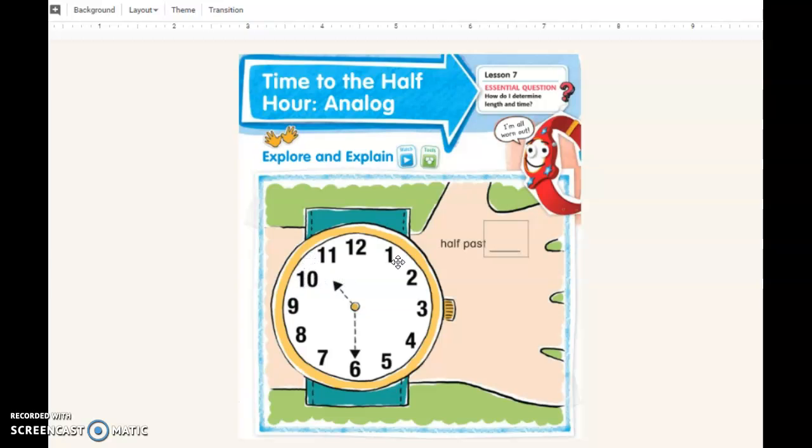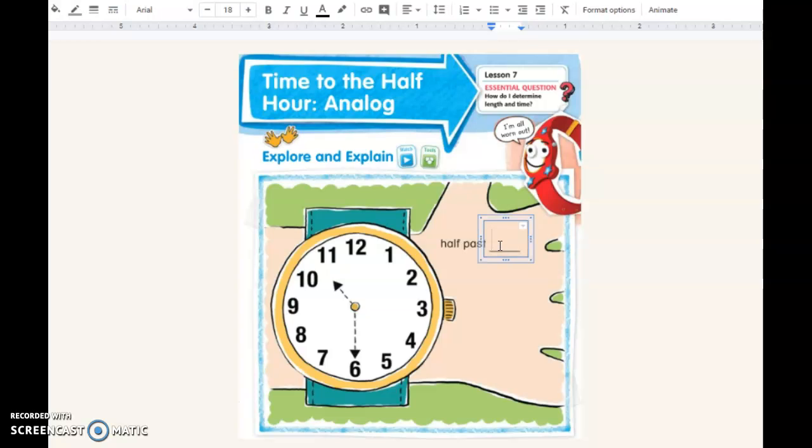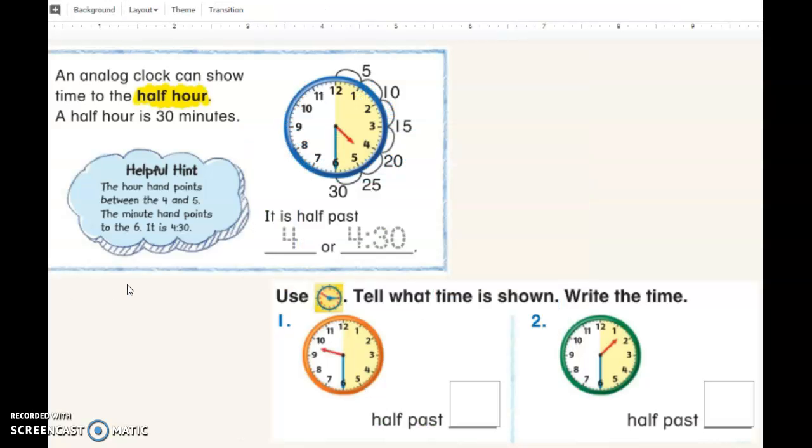So we're going to say this analog clock is showing us half past 10. An analog clock can show time to the half hour. A half hour is 30 minutes.